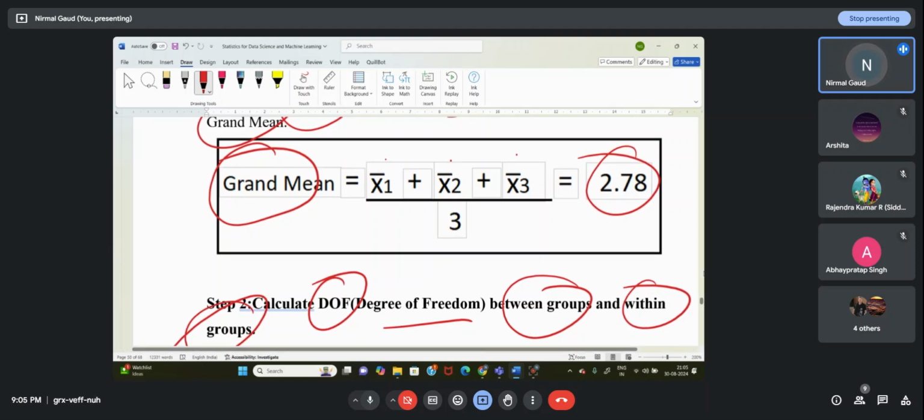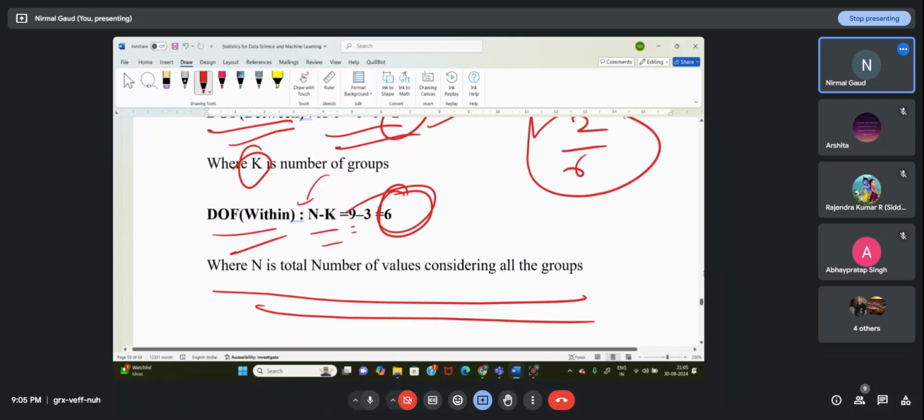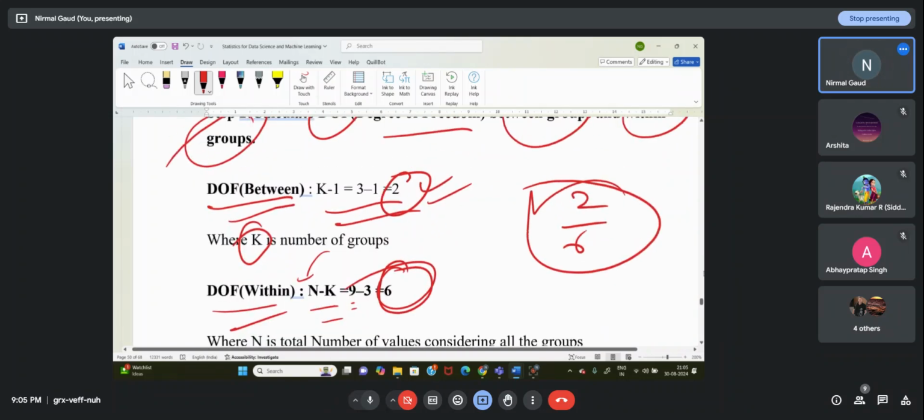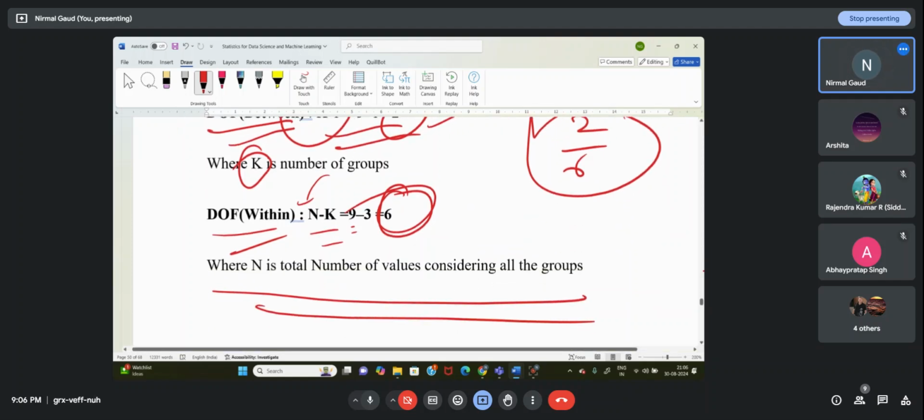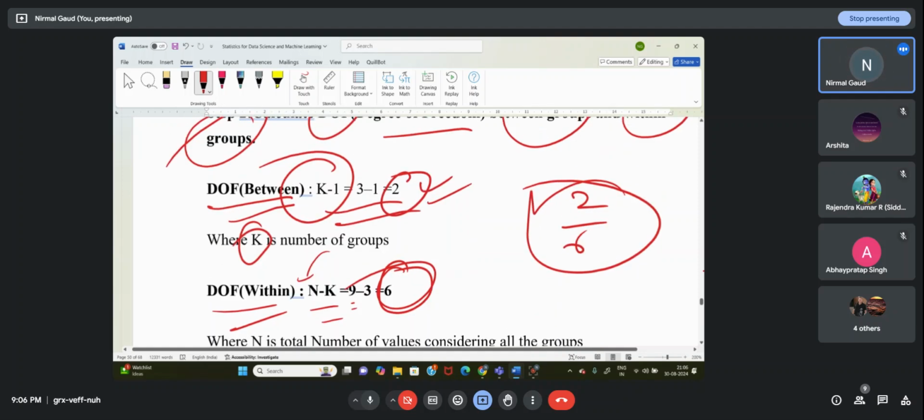After that, calculate the degree of freedom, between and within. Between is k minus 1, that means number of groups minus 1: 3 minus 1, 2. Within is 9 minus 3, that means number of data points minus the number of groups. So 6. 2 and 6.